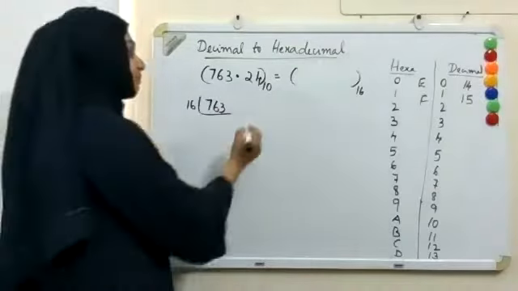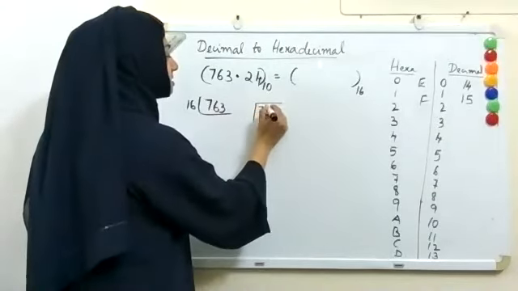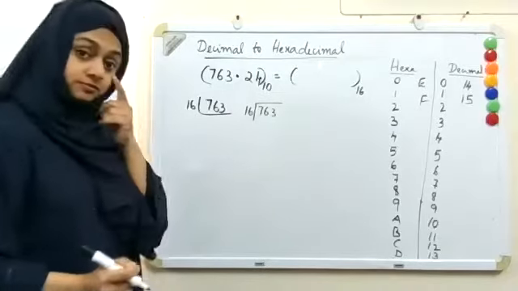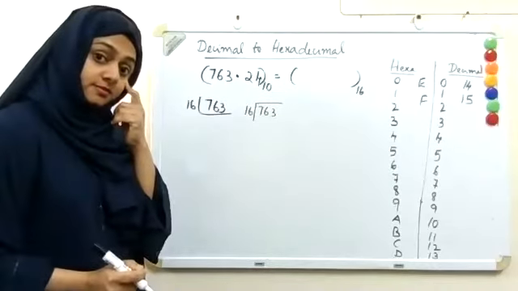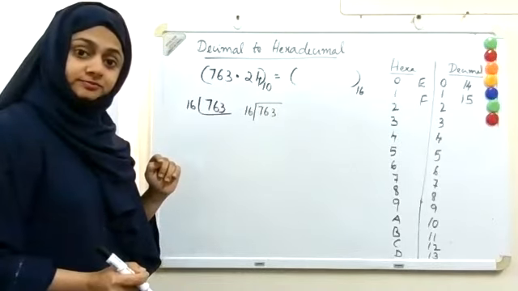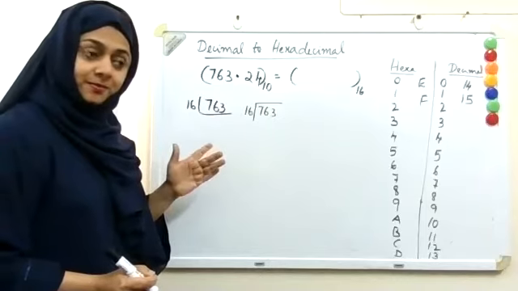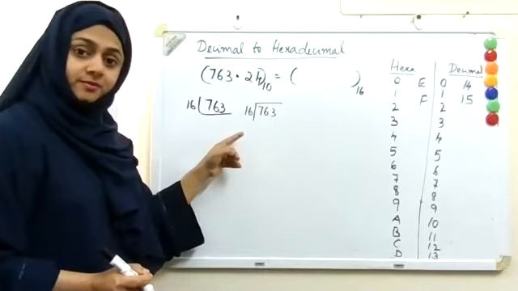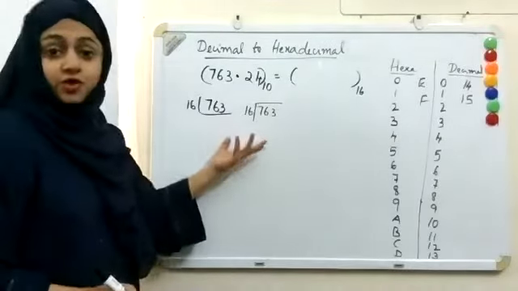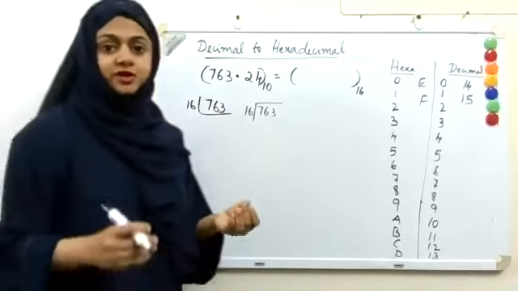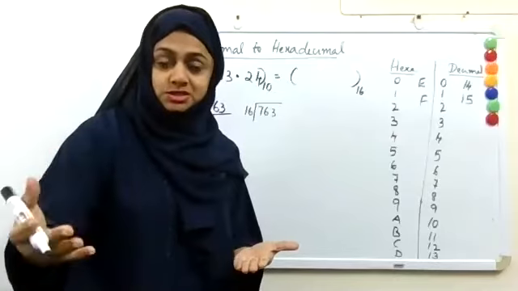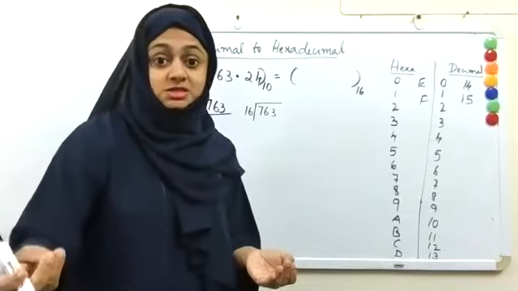So first you have to divide 763 with 16. How many times will it go? 3 times? 4 times? Tell me. Let me just take 4 times, because we know 15, right? 2 times 15 is 30. 4 times 15 is 60. 5 times 15 is 75.